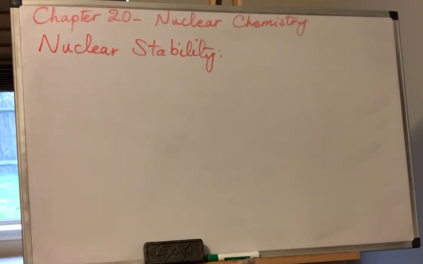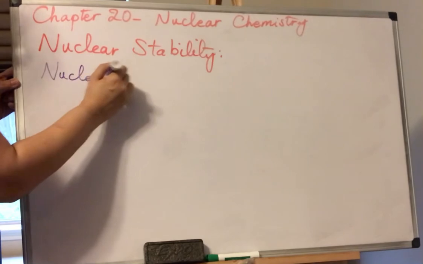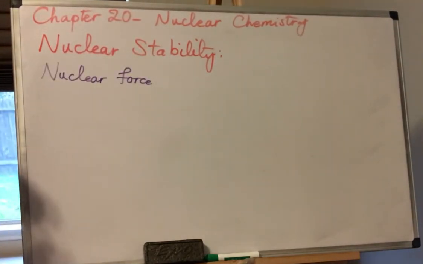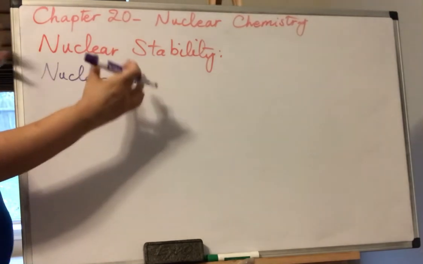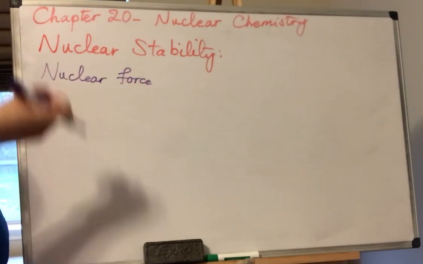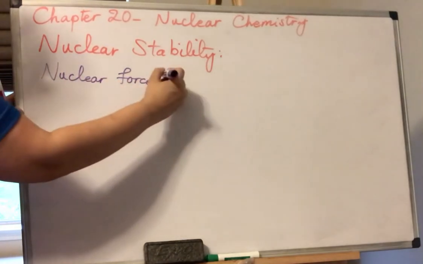So the stability of a nucleus is because of a strong nuclear force. There is a force inside the nucleus of each atom. It is called nuclear force. This nuclear force works for very short distances. We're talking about the tiny atoms, about like 10 to -13 meters, okay? For short distances.